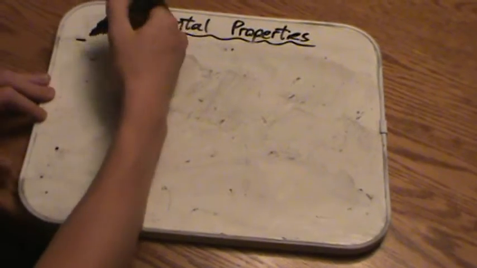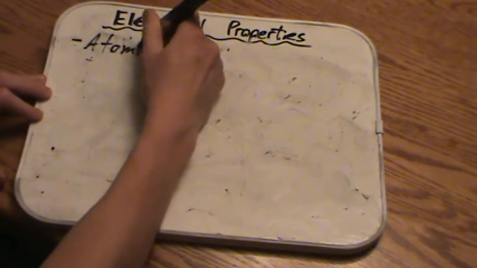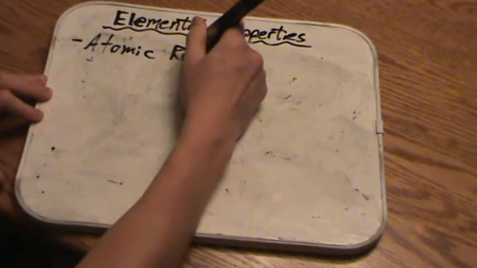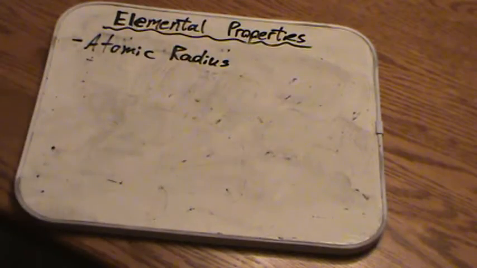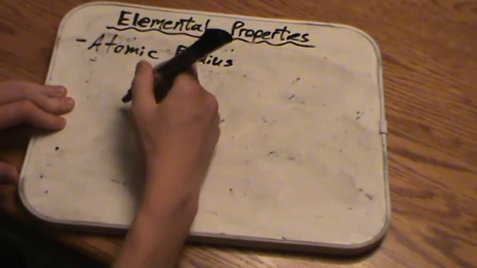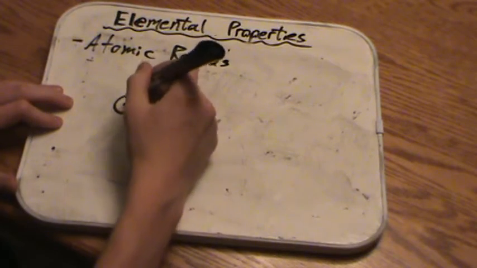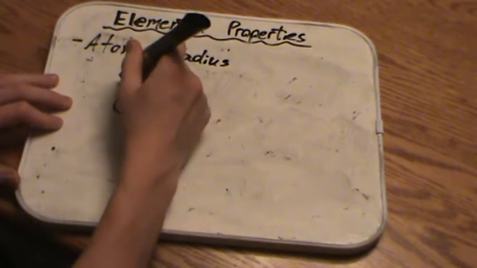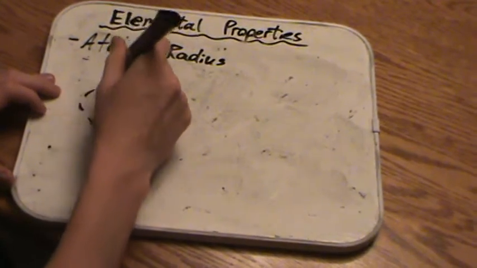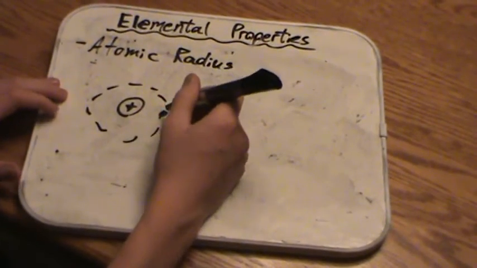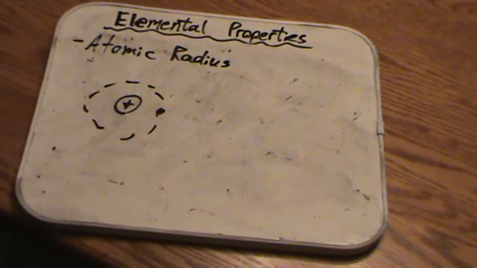So this next property is called atomic radius. And this is exactly what you'd expect. It is the distance from the center of the nucleus to the outermost space of the atom.